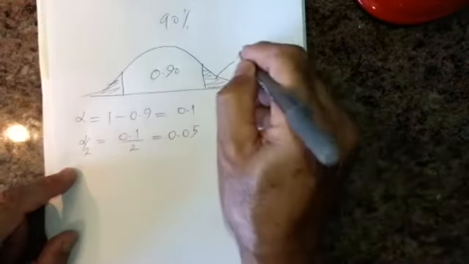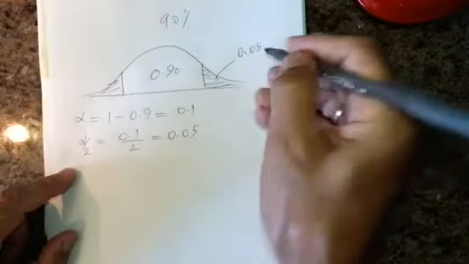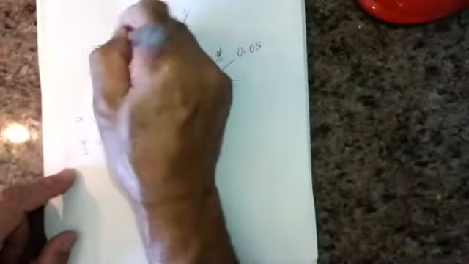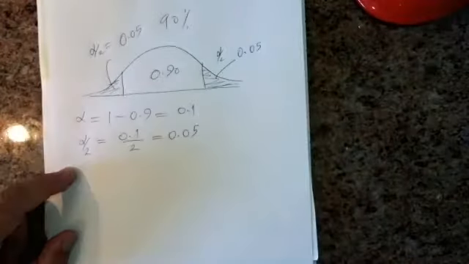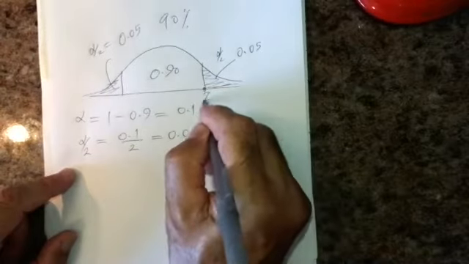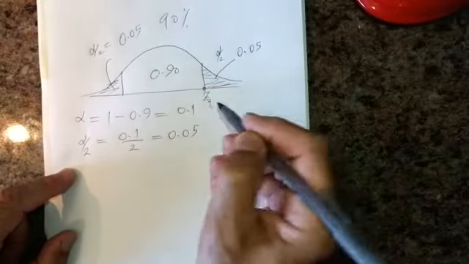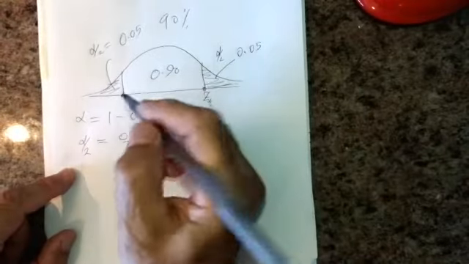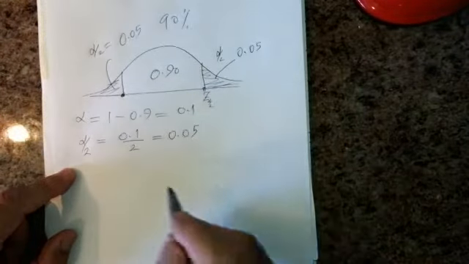That is the area of each tail, or alpha half. That's why here you put z of alpha half. That means this z is for this. Now, let's calculate the z of alpha half for this point.